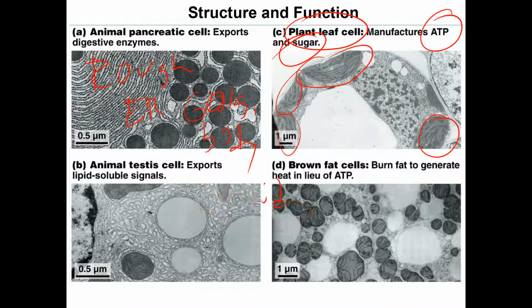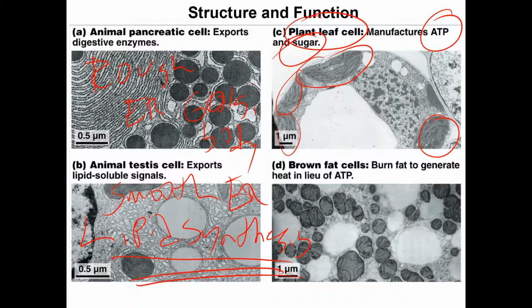And since the testes is synthesizing this particular steroid, one thing I haven't brought up is the fact that your smooth ER is involved in lipid synthesis. So lipids such as steroids, for instance phospholipids, that make up the membrane of the cell, those are also synthesized by the smooth ER.